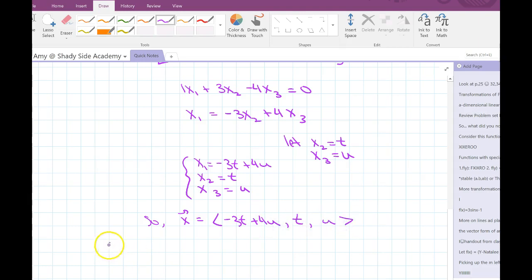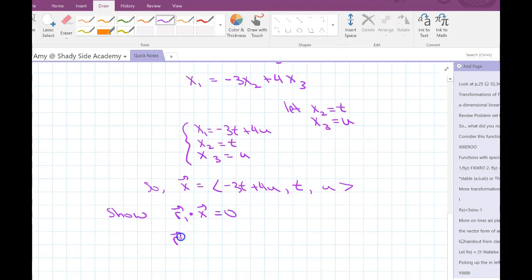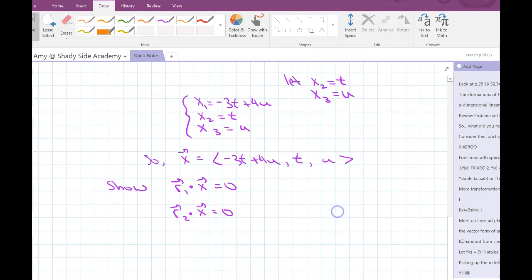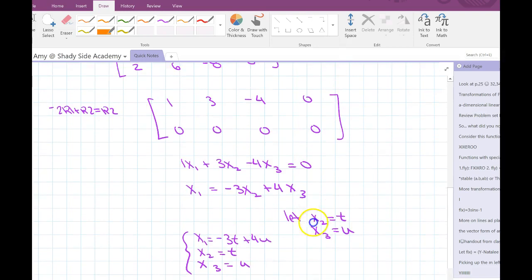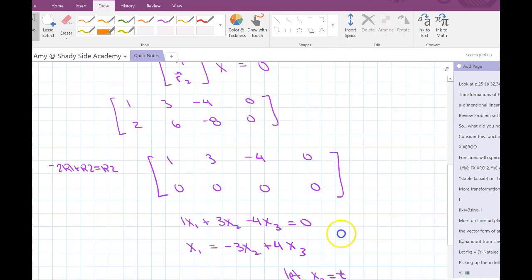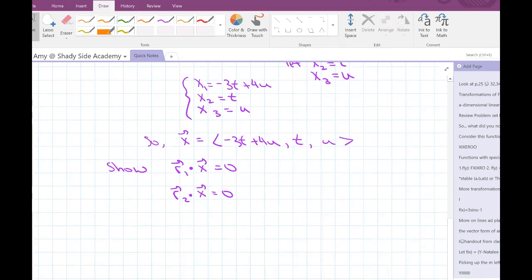Let's show that that solution dotted with either R1 or R2 is going to equal 0. R1 is 1, 3, negative 4. You ready? So let's do this first. 1, 3, negative 4, dotted with vector x, negative 3t plus 4u, comma t, comma u.